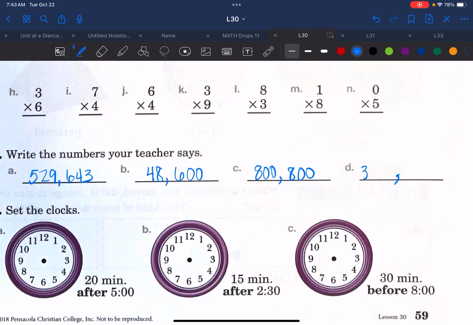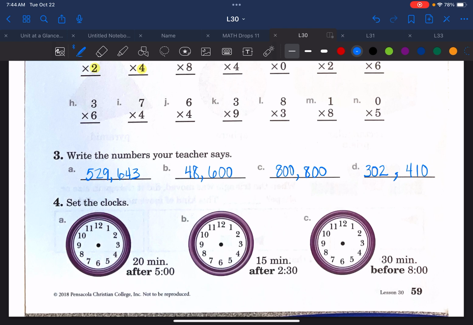So I have 300. I didn't say any 10, 20, 30s. I just said 2. So that's the number 302. Then it was the word 1,000, so there's the comma. And then the number 410. 400, a 10 goes in the tens place, and there was no ones. Okay?